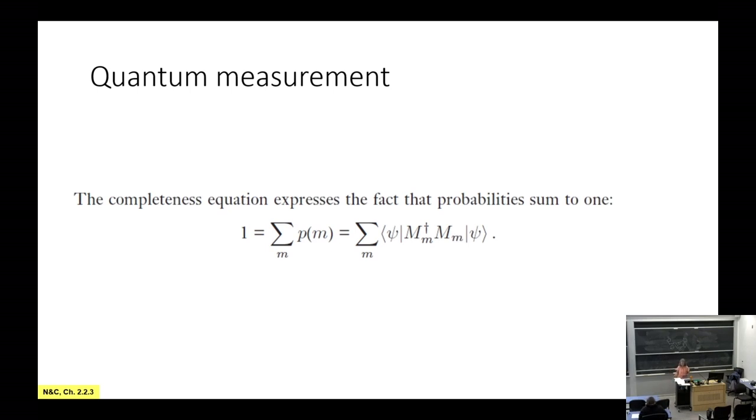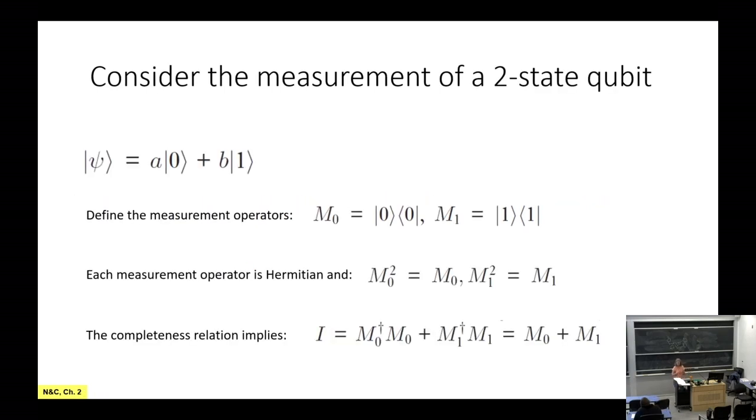So let's look at an example of how to use this if I'm measuring a qubit in the computational basis. This is a measurement on a single qubit with two outcomes defined by two measurement operators, M0 and M1. So my operators are the outer product of 0 with itself and the outer product of 1 with itself.